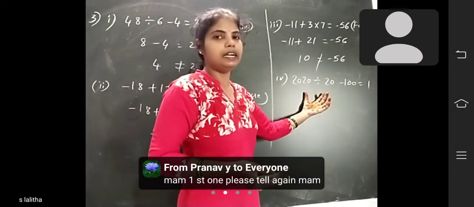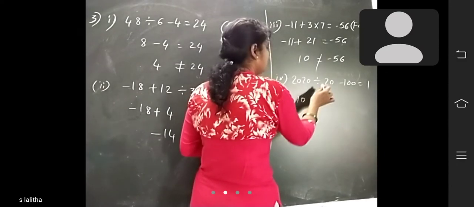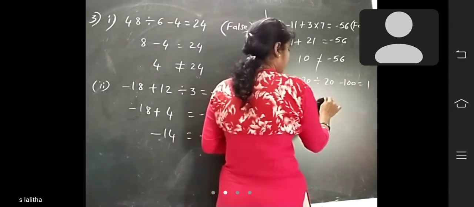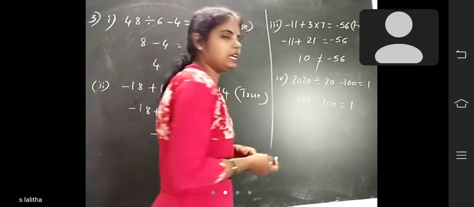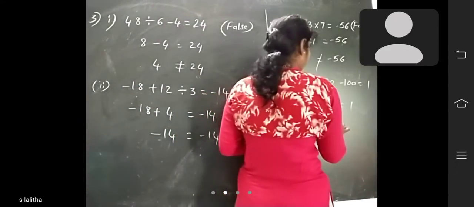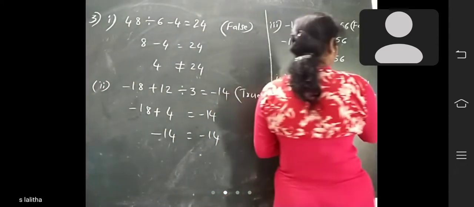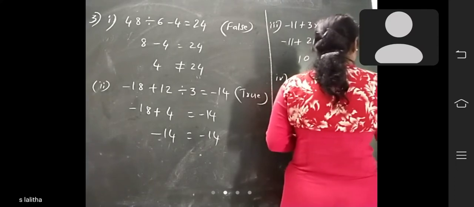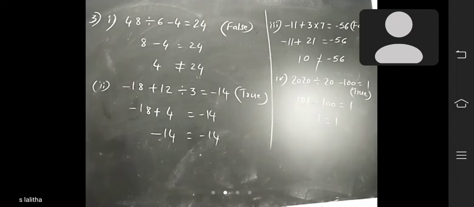First you should do the division. 20 ones are 20, zeros, so 20 divided by 20 is 1. Then 101 minus 100, how much is that? 1. So both are equal. So what is this statement? True. This is the true statement. Okay, children, did you understand now? Come on, do.